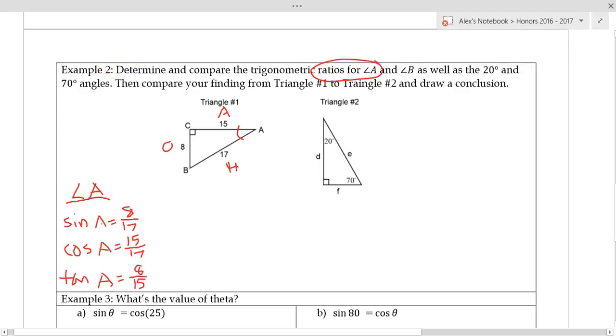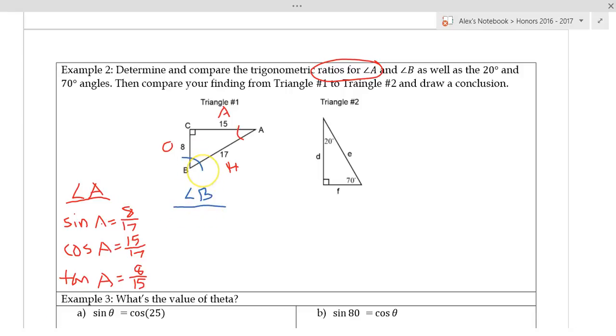Now I'm going to look at angle B. So I'm going to relabel my sides. I have opposite, adjacent, and this still gets to be my hypotenuse. So the sine of B is equal to opposite over hypotenuse, so 15 over 17.